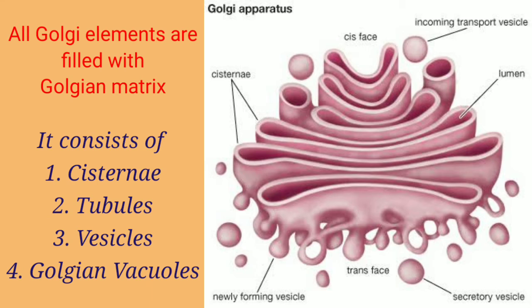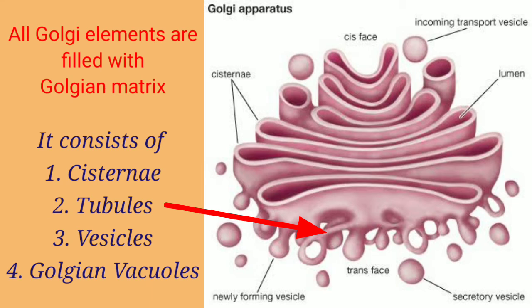Then comes the tubules. So tubules form a complicated network towards the periphery and the maturing phase of the apparatus. That means the tubules are found towards the concave end of the cisternae, or they are connected towards the concave end.